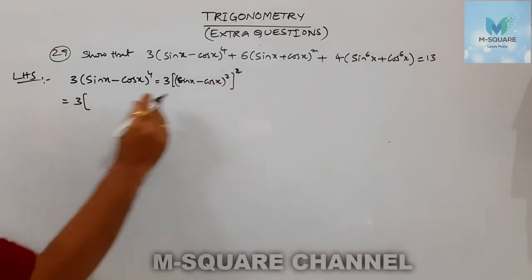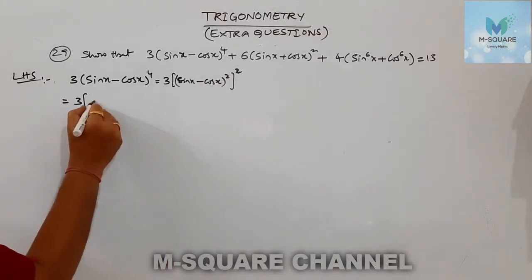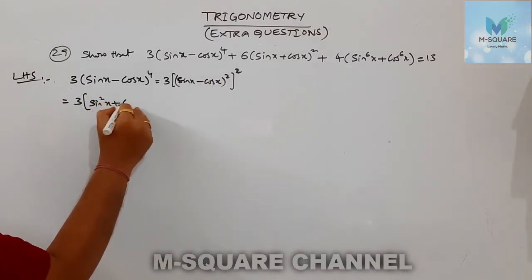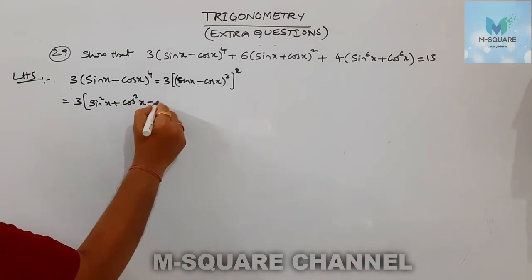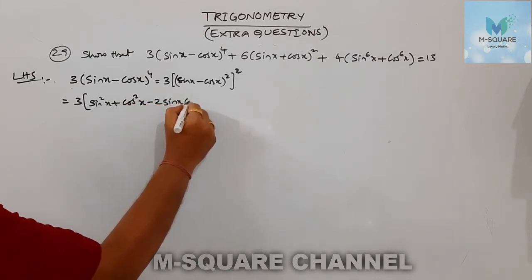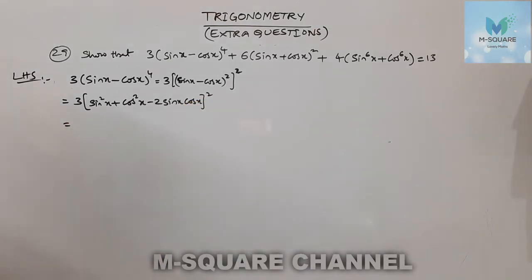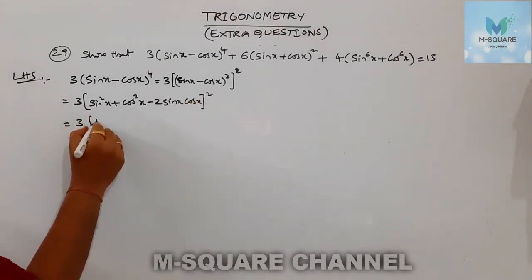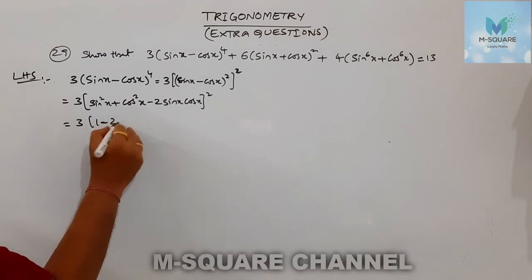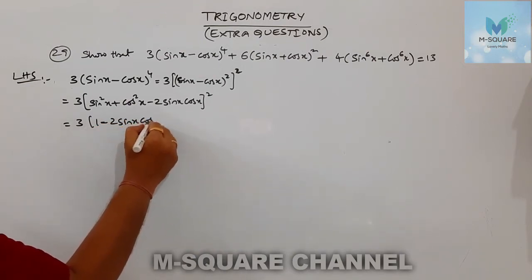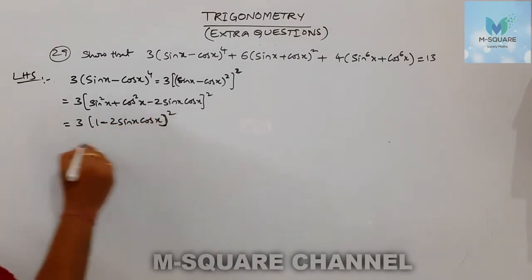So 3 into, this is sin x minus cos x whole square means sin square x plus cos square x minus 2 sin x cos x whole square. So 3 into 1 minus 2 sin x cos x whole square.